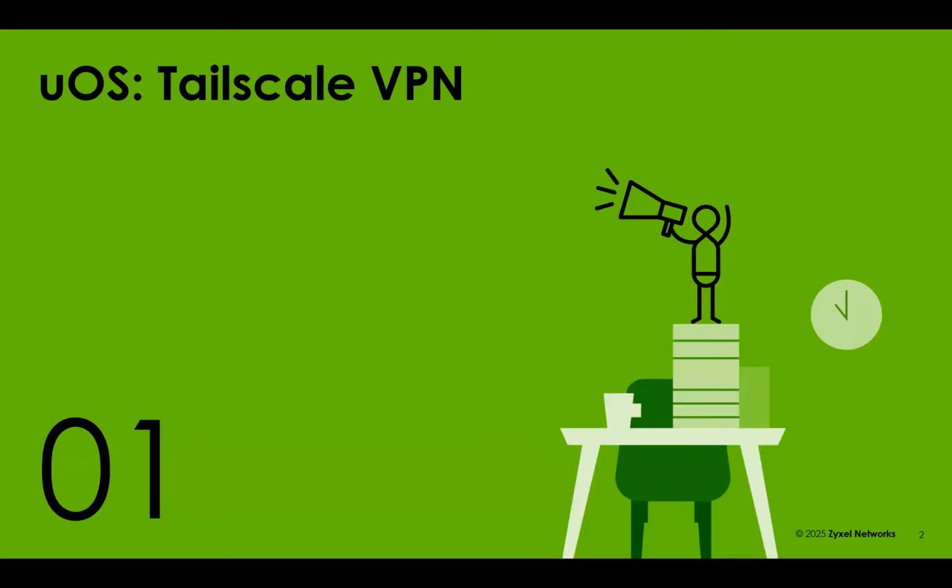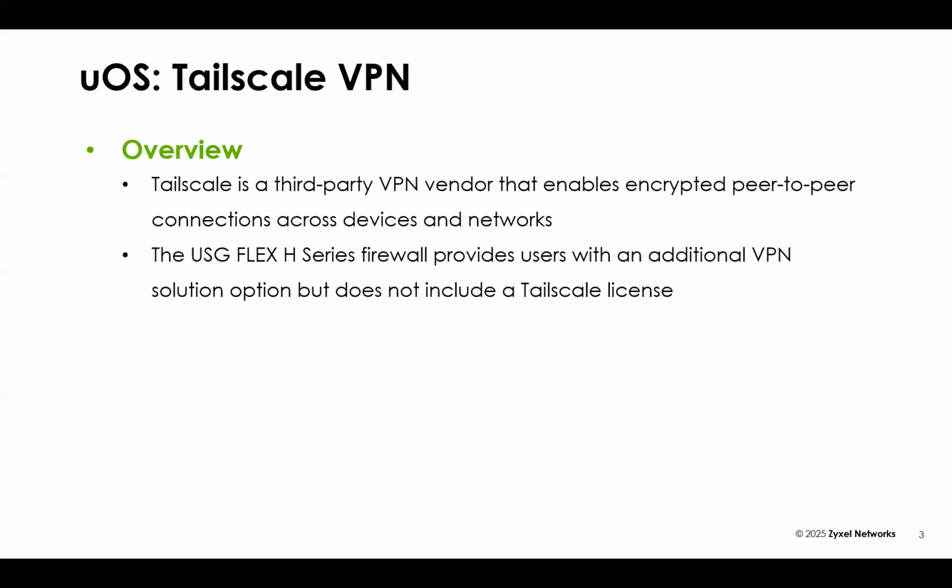So Tailscale, basically what is Tailscale VPN? Tailscale is a third-party VPN software that allows you to have encrypted peer-to-peer connections across devices in the network. It creates a mesh with the VPN for your VPN devices, whether it be the firewalls and a core client. And with this particular VPN, it does require a subscription. Now, we do not provide this subscription to the users.